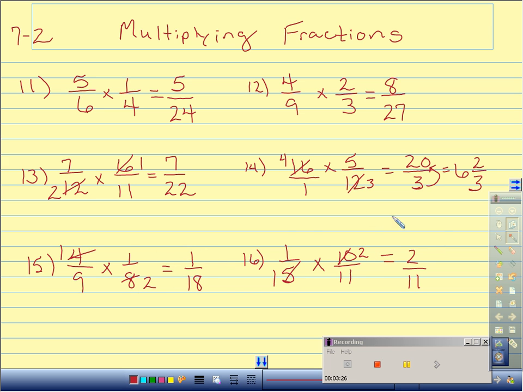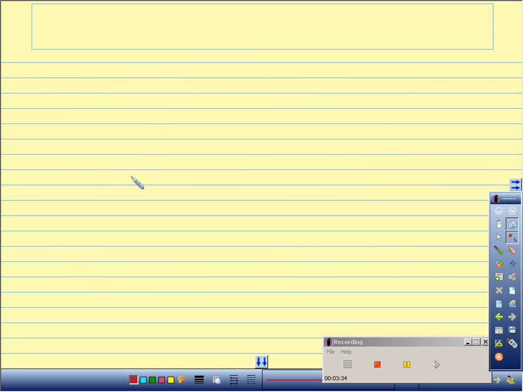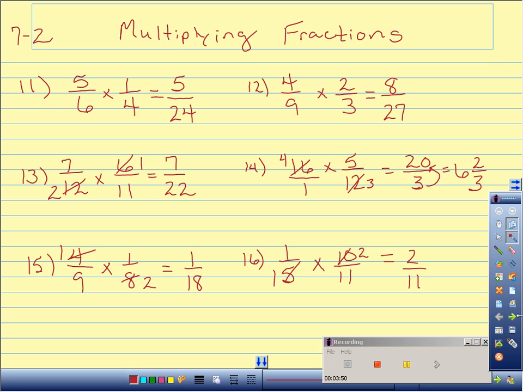Number 17. Let me do a clean page. I'm also going to get away from writing the multiplication sign and start using our dot, so we can start getting used to seeing that. Let's see which one I was back on. Good. 17.